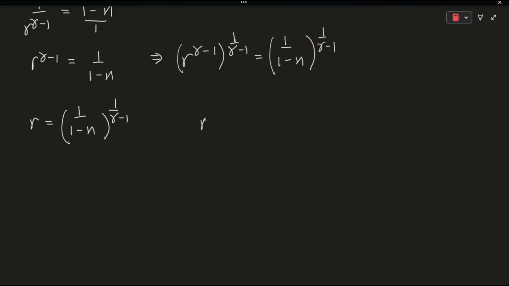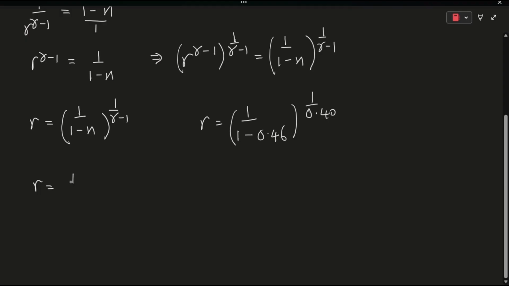So this implies (1.40 minus 1), we have 0.40. So our compression ratio is given as 1 over 0.40, which is 2.5.